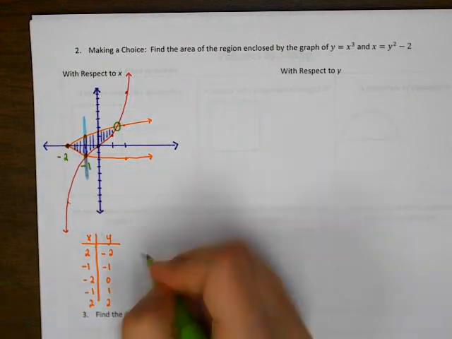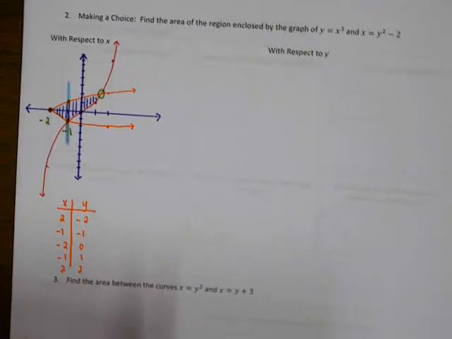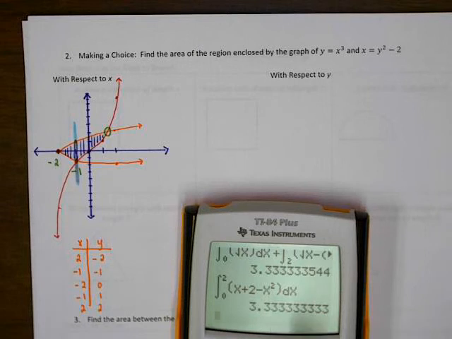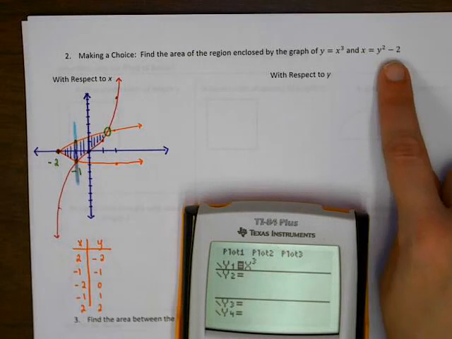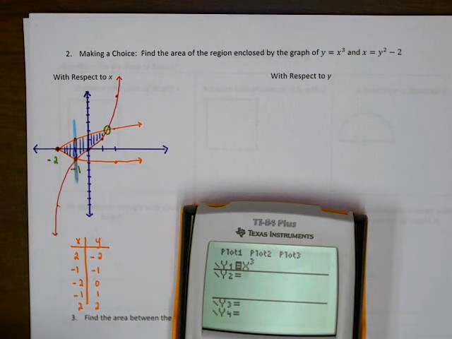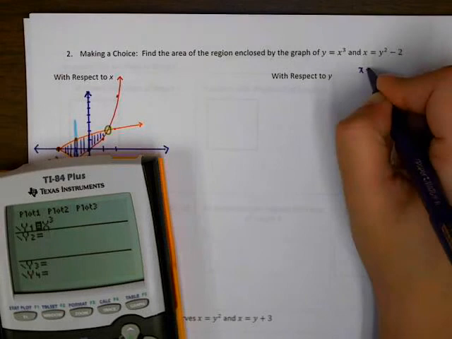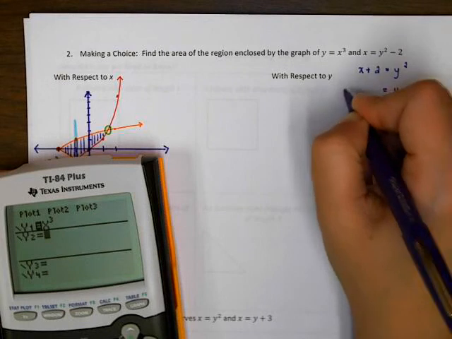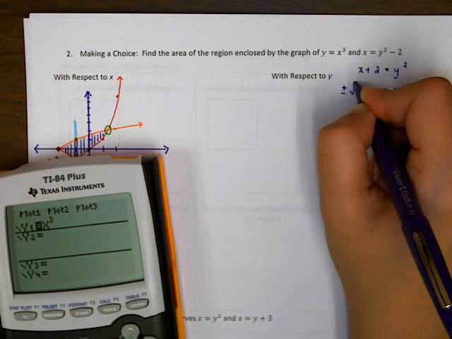In order to figure that out, I'm going to go ahead and use my calculator to save myself a little bit of time here. So I'm going to go to y equals, and I'm going to graph x cubed. And I can't graph x equals y squared minus 2, so I'm going to rearrange this so that y is by itself. So I'm going to have x plus 2 equals y squared, which means y equals plus or minus the square root of x plus 2.